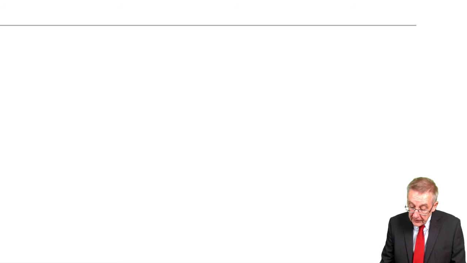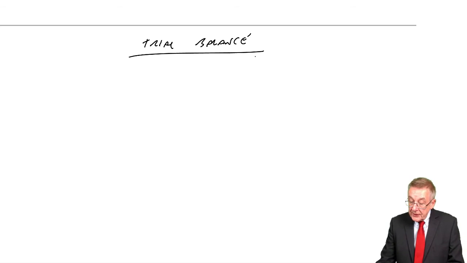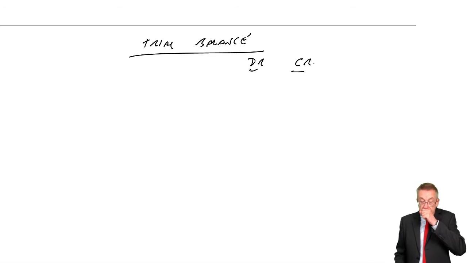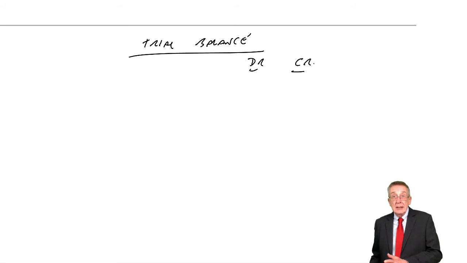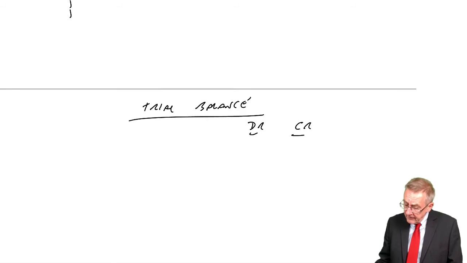A bit of revision for you. The trial balance, remember, is simply a list of all the balances. And the total of the debits should equal the total of the credits. So nothing new here, a bit of revision, but from chapter 3, I think.